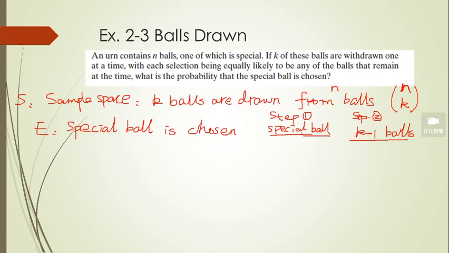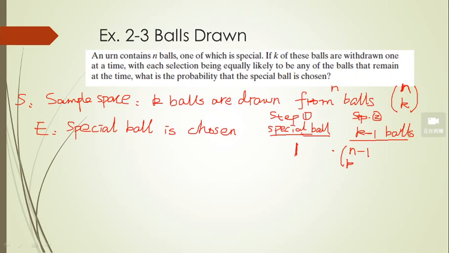So in the first step, you choose one special ball out of n. So you only have one outcome. You fix this one, right? And then you are going to choose k-1 balls out of how many in total. Now, without this one special ball, the total we have is n-1.